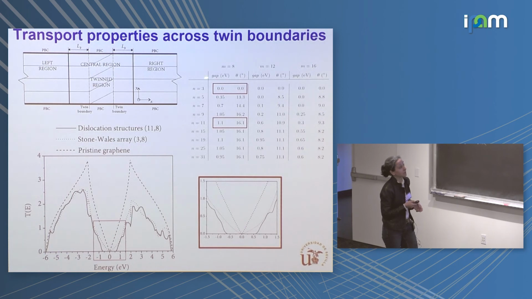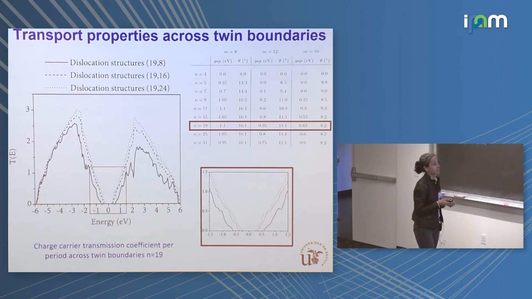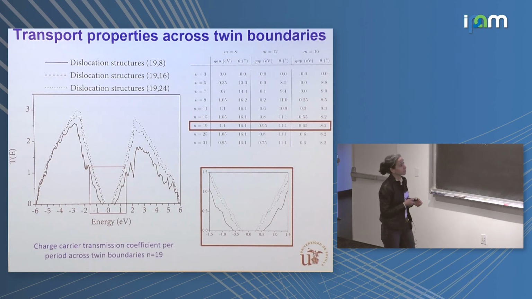We have computed different ones, and we observe that the gaps they open are different. This is more or less the same order of magnitude as the ones opened by grain boundaries, but the mechanism is different.